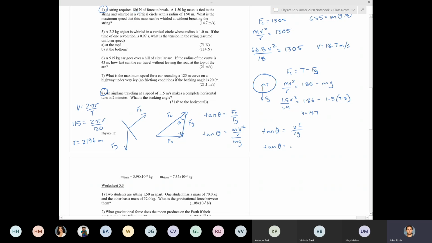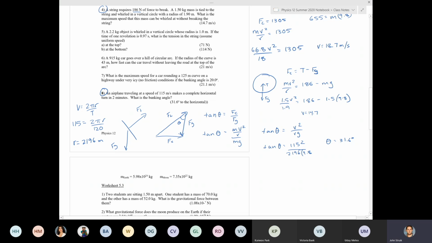Then we're going to go 115 squared over 2,196 times 9.8, and then inverse tan that, and you get theta is 31.6 degrees.